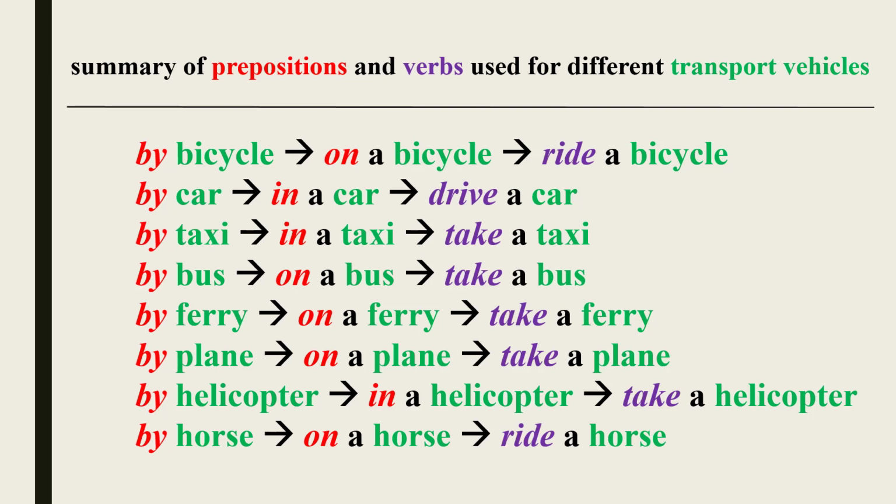By bus, on a bus, take a bus. By ferry, on a ferry, take a ferry. By plane, on a plane, take a plane. By helicopter, in a helicopter, and take a helicopter. By horse, on a horse, ride a horse.